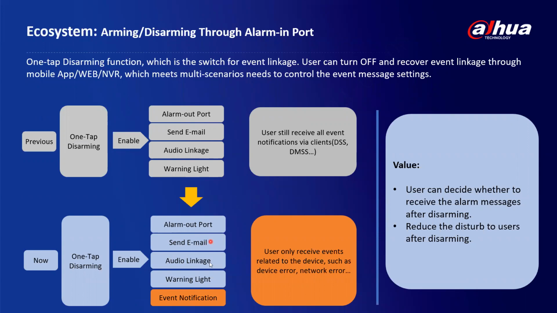You have a choice to have the audio linkage, the warning light, etc. So if you only choose event notifications, those are the notifications that are going to be sent to you. Let's say if there are some warning notifications, again, that is what we are going to receive. So users only receive the events related to the device that one has selected, such as, for example, device error, network error, and so on.